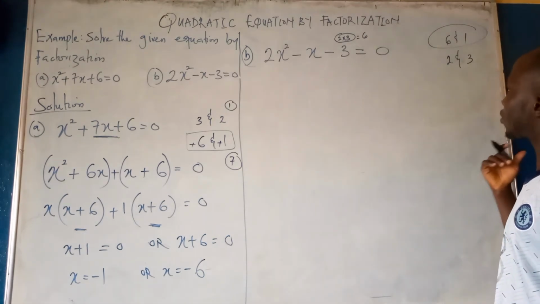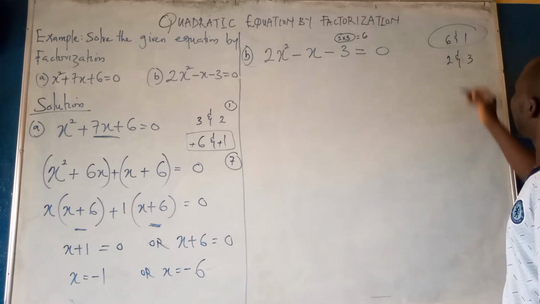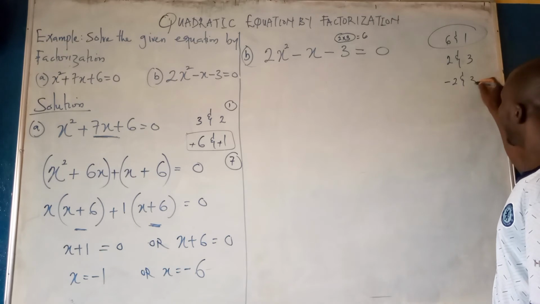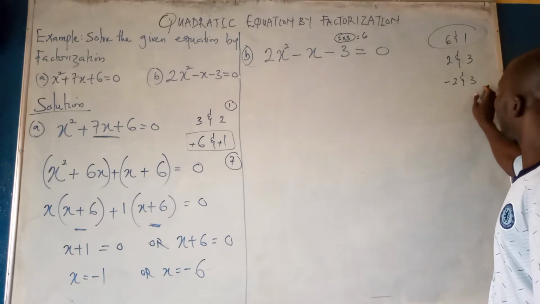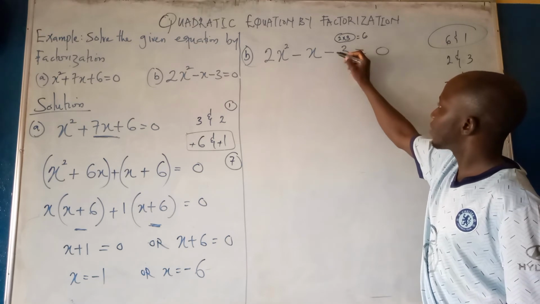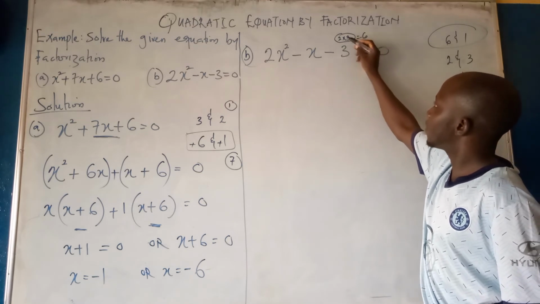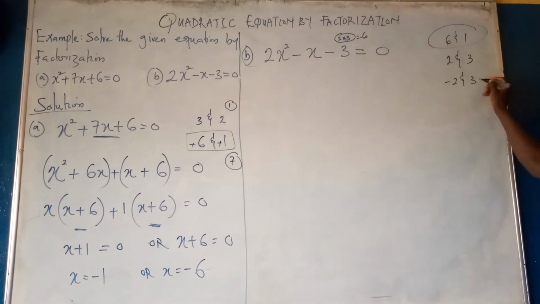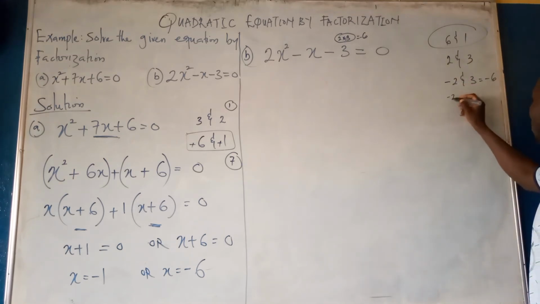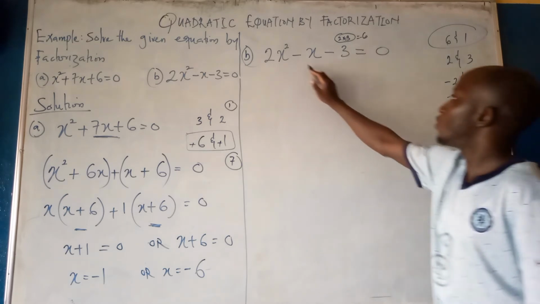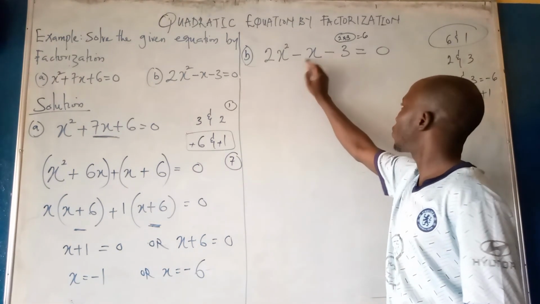Now, we also need to consider the sign. If I say minus 2 and 3, minus 2 times 3 will give us minus 6. You can see the constant here is minus 3, that's why we have minus 6. Minus 2 plus 3 will give us plus 1, which is not in line with what we have here.